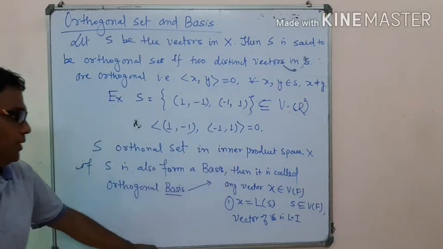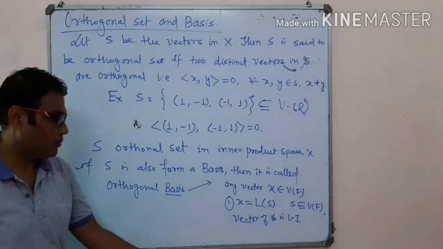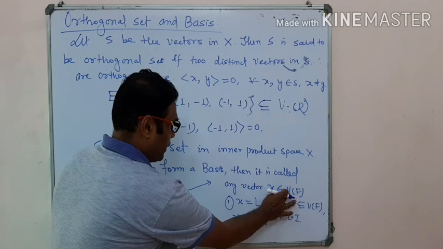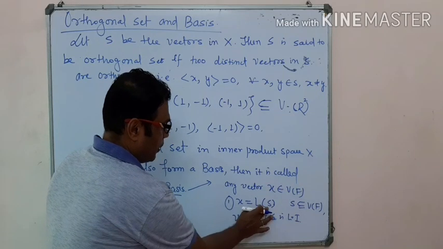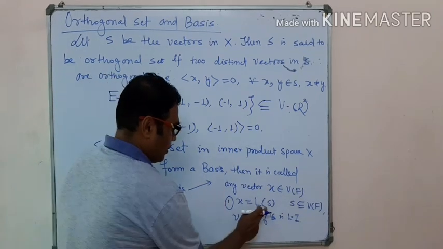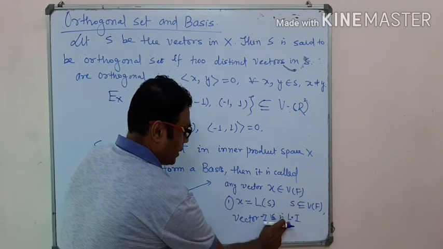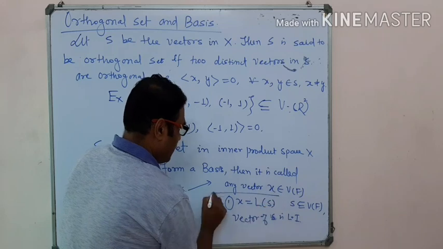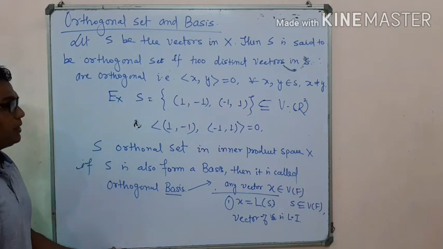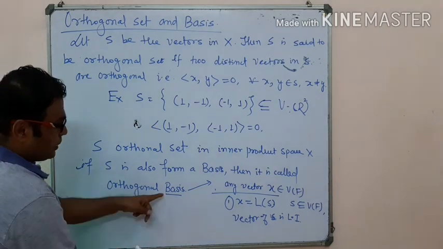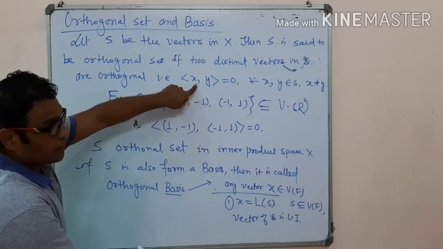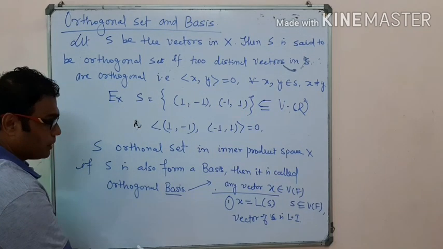We already discussed this definition in the linear space. Any vector of our vector space is linearly spanned by the vectors of S uniquely, and the vectors of S are linearly independent. Then we say that S forms a basis. Now, an orthogonal basis is a basis that satisfies these two conditions along with the orthogonality condition. Then it is said to be an orthogonal basis.